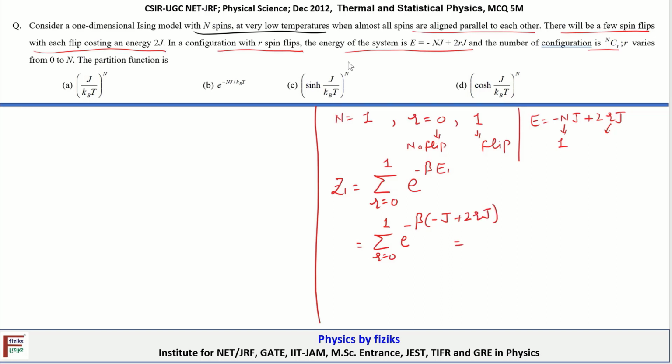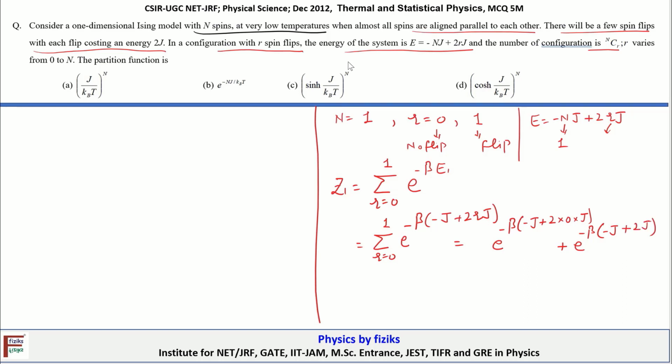So this is equal to, we will have only two terms here. Exponential minus beta times minus j plus 2 into 0 into j. And then the second term corresponding to one spin flip, exponential minus beta into minus j plus 2j, when R is equal to 1.